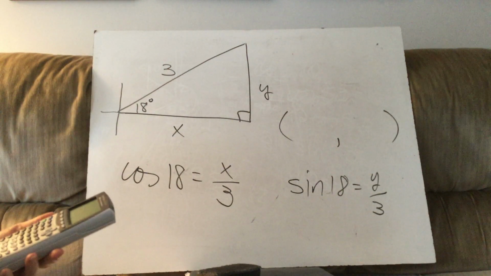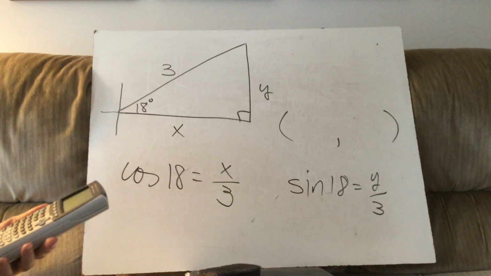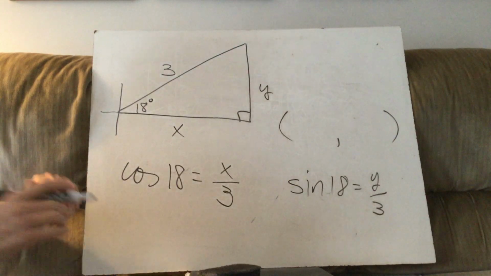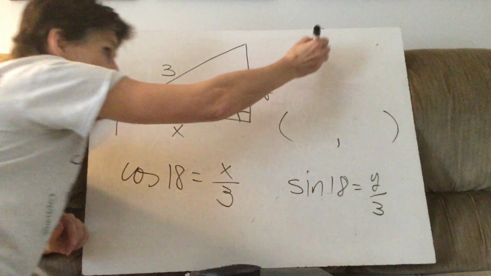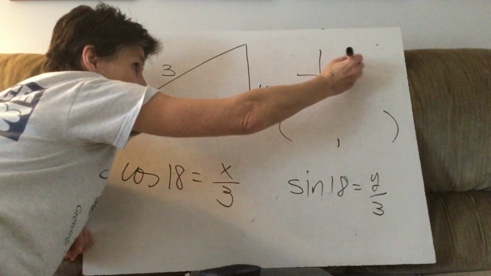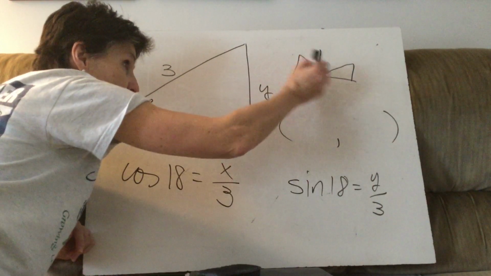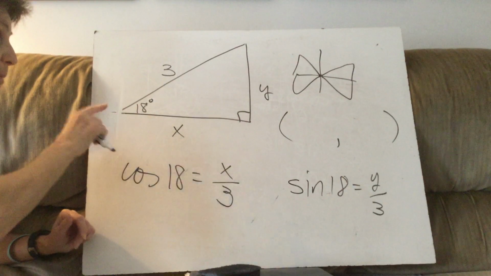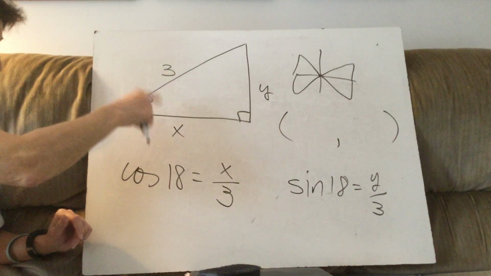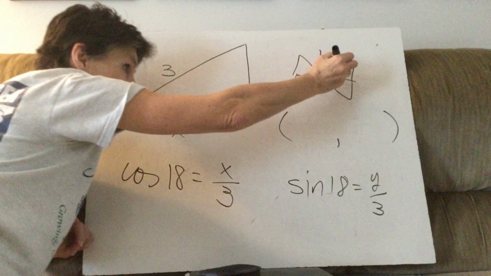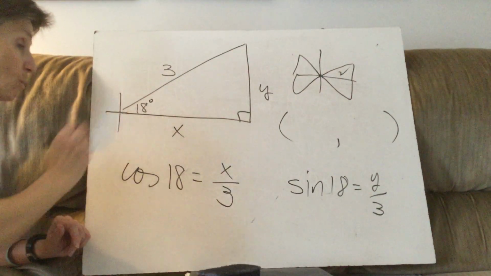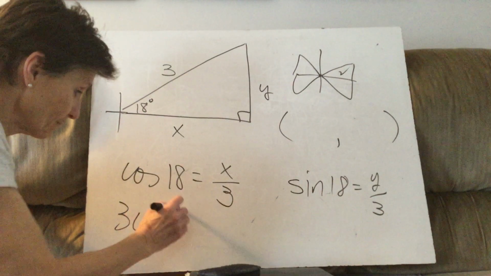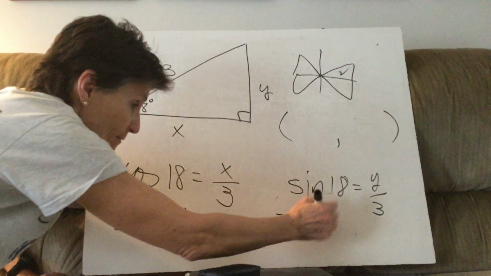Both positive. This triangle is drawn in quadrant 1. And if you have a concern about that, remember your butterfly bow tie. They drew the triangle. It wasn't on an axis, but which one of those triangles is this one? Why, it's this one right here, isn't it? That means it's got to be in quadrant 1. Okay, so 3 cosine 18, 3 sine 18.